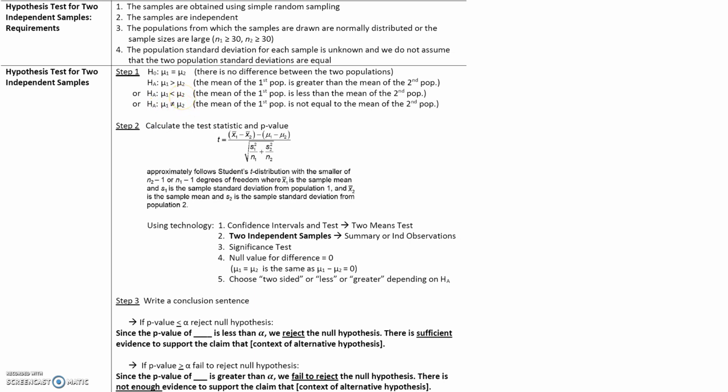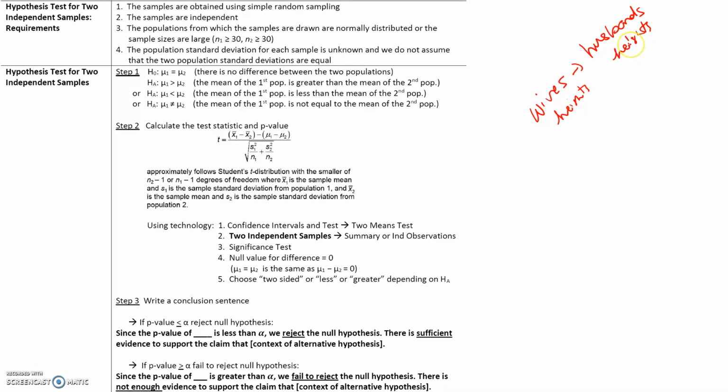In the case of wives and husbands, the researchers were studying the mean heights of wives and the mean heights of their husbands. Typically, the height of a wife is less than the height of a husband.